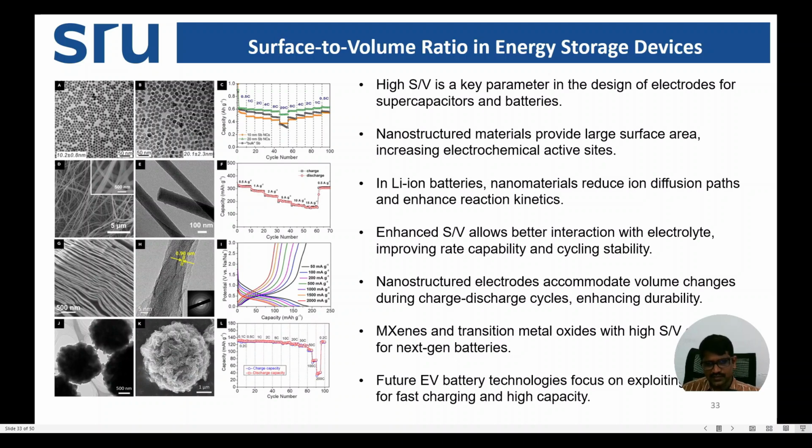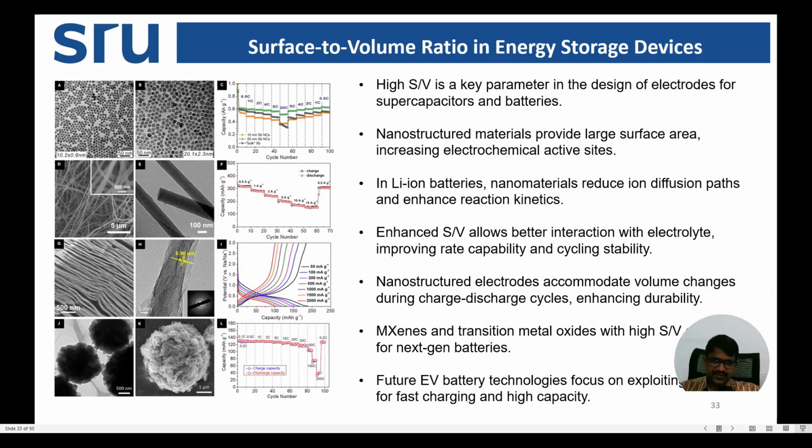As the number of charge and discharge cycles increases, the volume will contract and expand. If this volume expansion and contraction exceeds a threshold limit, the life of the battery will deteriorate. That's why if the material has a higher surface to volume ratio, it prevents this volume expansion much better.